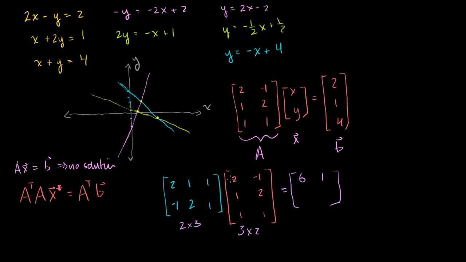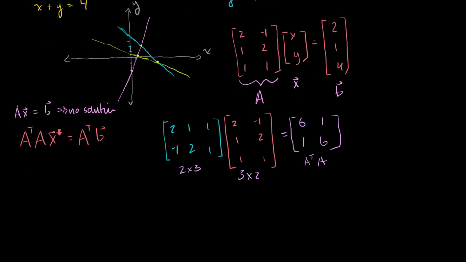And then we get minus 1 times 2, which is minus 2, plus 2 times 1, which is 2. So the minus 2 plus 2 is 0, plus 1 times 1. So we get a 1. And then finally, we get minus 1 times minus 1, which is positive 1, plus 2 times 2, which is 4. So we're now at 5, plus 1 times 1. So this is going to be 6. So this is A transpose A.